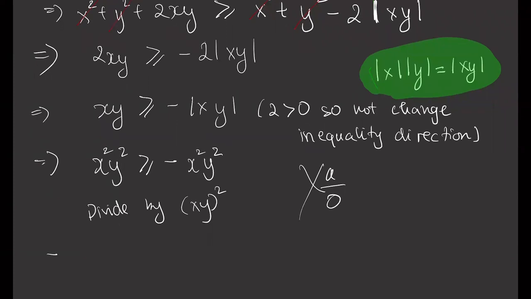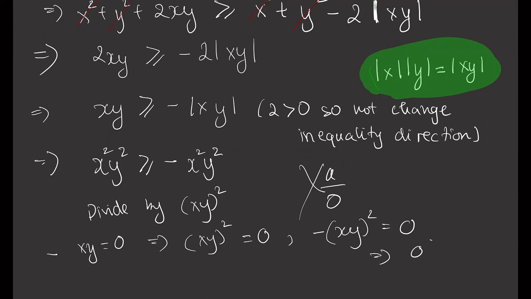So we can consider a case when xy equals 0, then xy squared equals 0, and minus xy squared is also 0. So 0 greater than or equal to 0 is true, right? So in the case x times y equals 0, this inequality holds true.